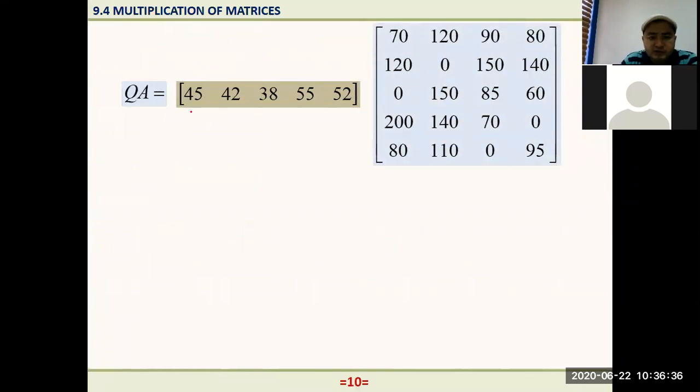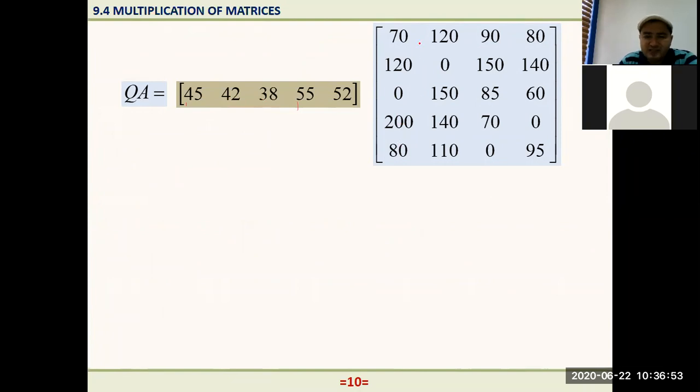And this one is, as you see, 45 deliveries done to the first outlet, 42 to the second outlet. This is what is given in the question. 38 to the third outlet, 55 and 52 to the fourth and fifth, respectively.